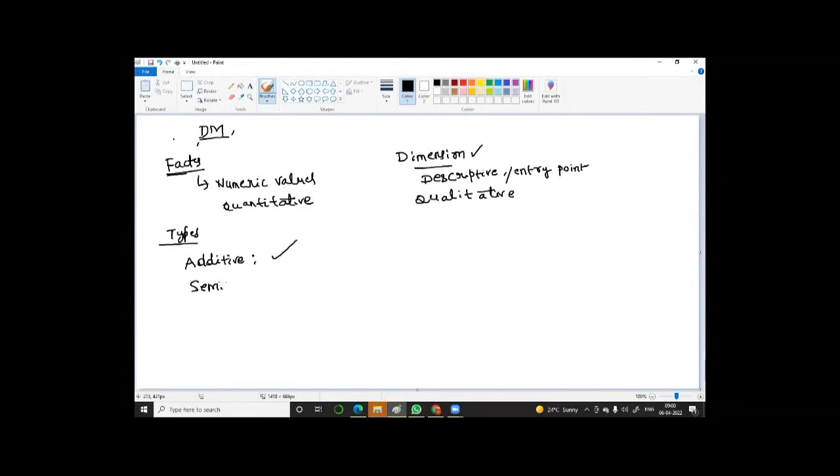Semi-additive: why semi? You need not add all the tables' data together; maybe some tables you can add, or aggregation can be done in the fact. That is what is called semi-additive. Non-additive also. And factless facts also will be there sometimes.